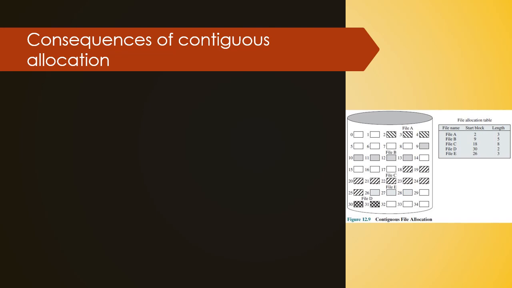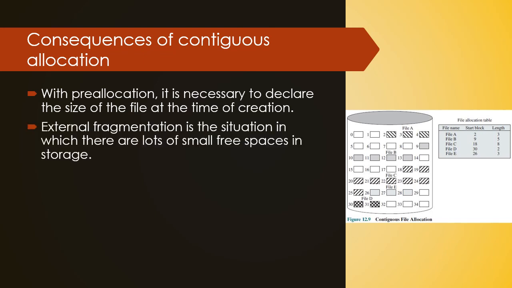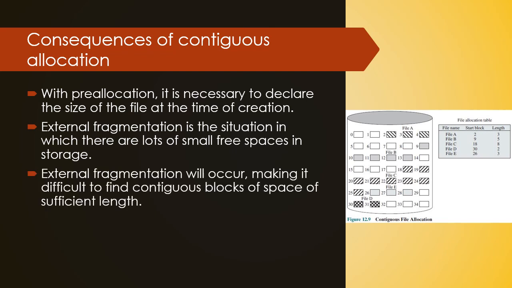Consequences of contiguous allocation. With pre-allocation, it is necessary to declare the size of the file at the time of creation. External fragmentation is the situation in which there are lots of small free spaces in storage. External fragmentation will occur, making it difficult to find contiguous blocks of space of sufficient length.